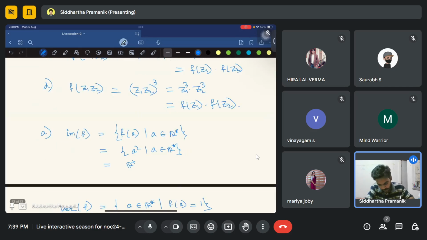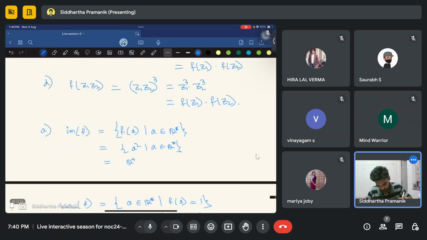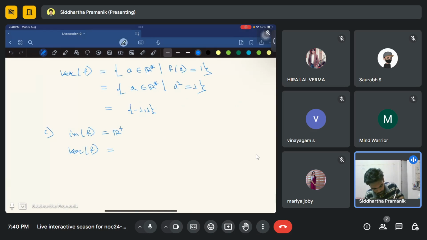But what about the kernel? What is the kernel of this map, F of Z going to mod Z? So let's do this. Kernel of F is Z belongs to C star such that f of Z equals 1.